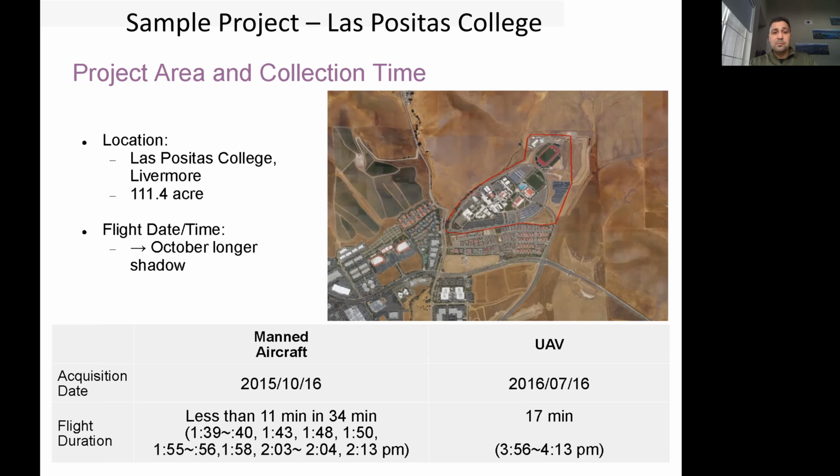Now we have an example here of Las Positas College in Livermore, roughly 111 acres in size. So it's this kind of shoe or foot-shaped property here that you see on the screen. On the manned aircraft, these were taken in different years. That stuff is not necessarily important here.